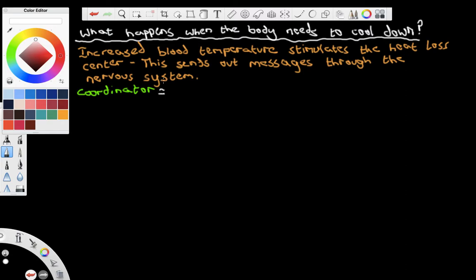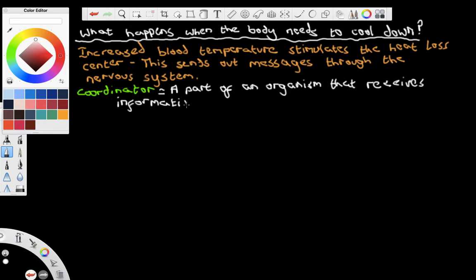So a coordinator, we have spoken about when we looked at the nervous system, is a part of an organism that receives information and brings about appropriate responses. Okay?